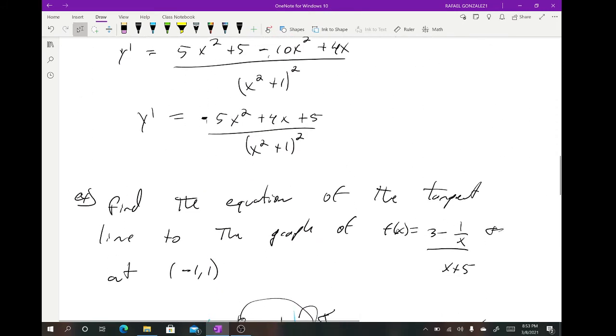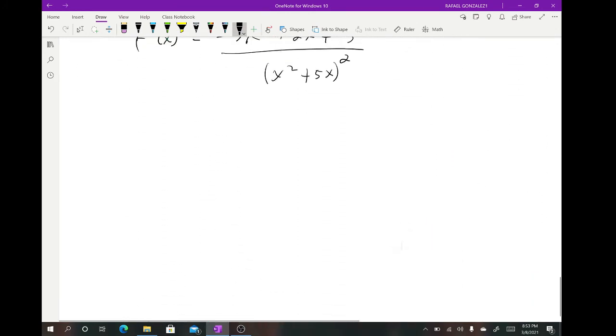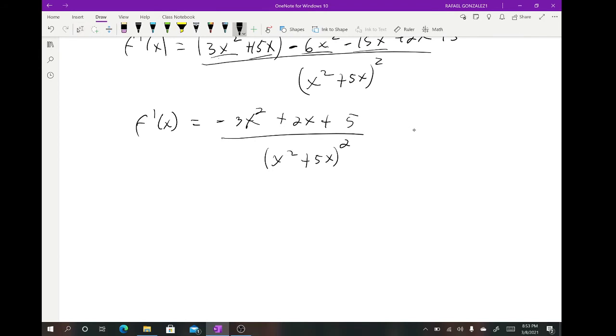But now, if we go back, we were asked to find the equation of the tangent line. Remember that the derivative gives you the slope of the tangent line. So this is going to give us the slope at the input that we were given. Well, the point that we were given was minus 1, 1.